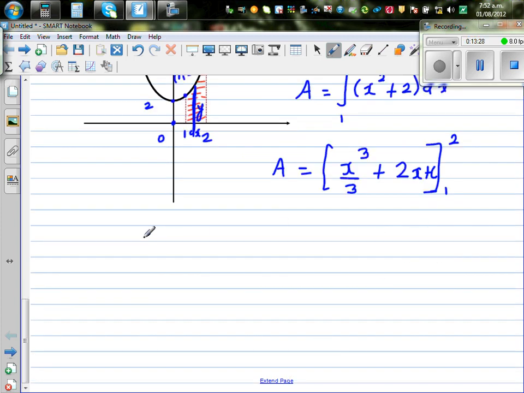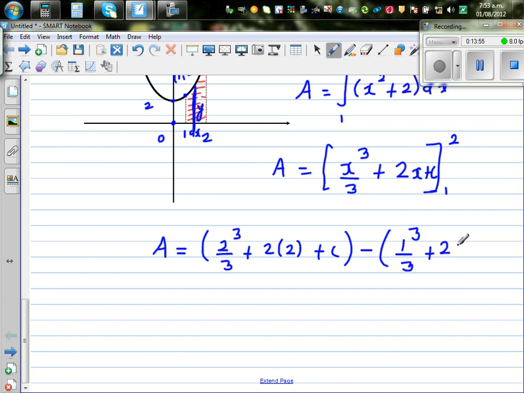So the area is: you substitute the upper limit and then take away by substituting the lower limit. Let us substitute 2 here, so that is 2 cubed divided by 3 plus 2 times 2 plus c, take away the lower limit, so that is 1 cubed divided by 3 plus 2 times 1 plus c.